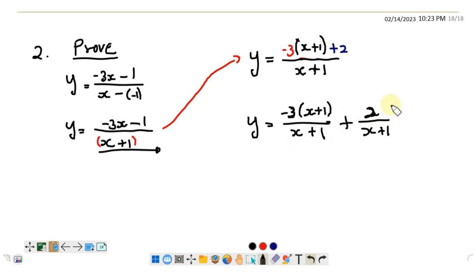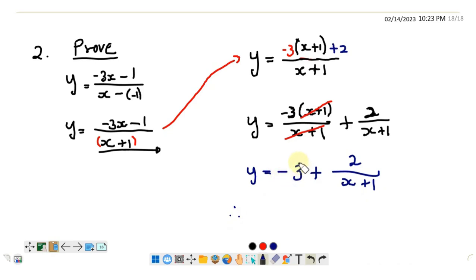Now we separated the terms. We have x plus 1 and x plus 1, so this cancels that. We remain with -3. So y equals -3 plus 2 over x plus 1.